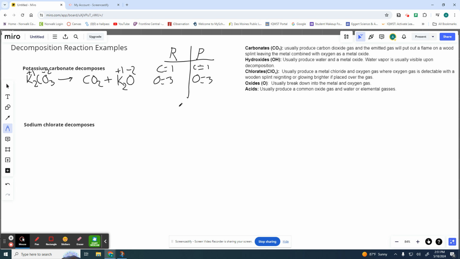So I've also got 3 oxygen on the product side as well. Finally, the potassium. I have 2 potassium on the reactant side, and I've got 2 potassium on the product side. So it's already mass balanced. We do not have to put any coefficients in the front of any of these packages or compounds.